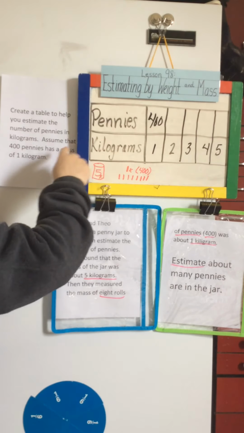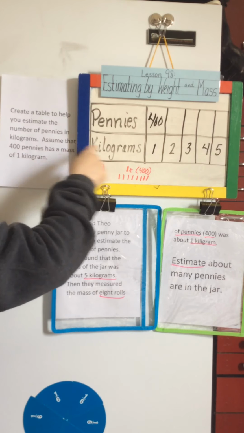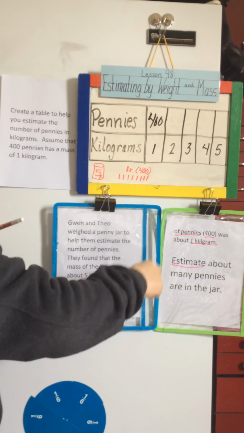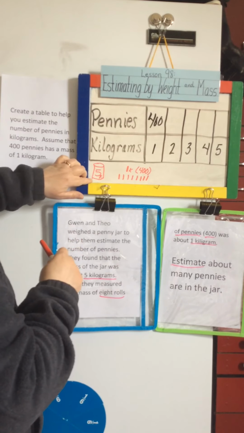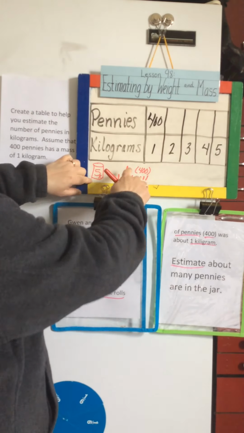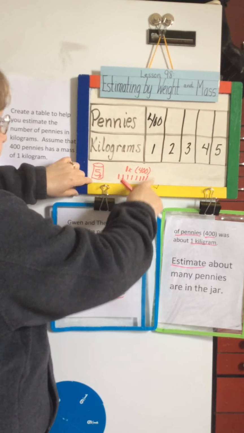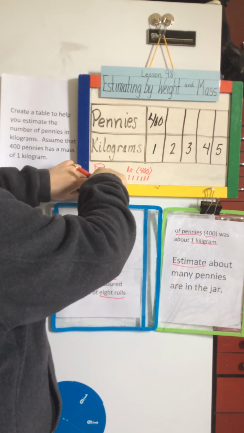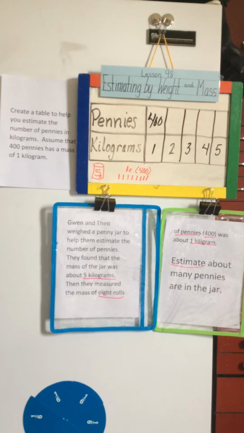So assume that 400 pennies has a mass of 1 kilogram, which we already figured out. But how many pennies are in that jar? We know there is 400 pennies in 1 kilogram. So how many pennies would be in 5 kilograms, basically, or in that jar?